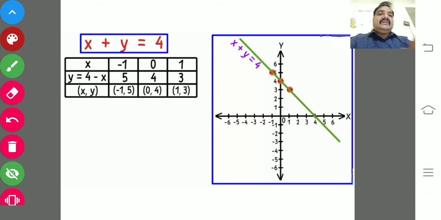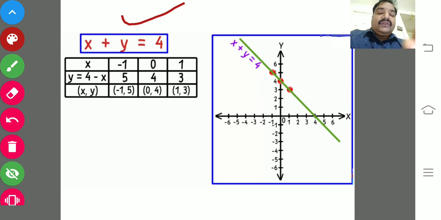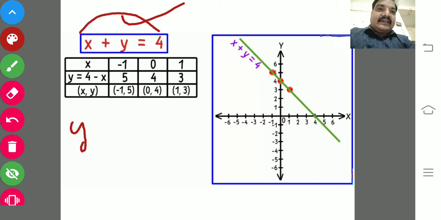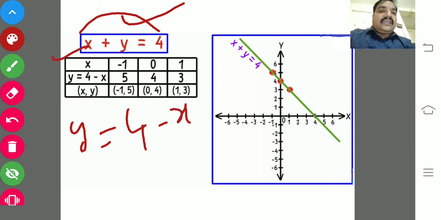Here the equation given is x plus y equals 4. After seeing the question, you have to make y the subject and x will be transposed to that side, so the value should be 4 minus x. Here we have to take some probable values for x, and y is given as 4 minus x. I have to take some values using the number line.